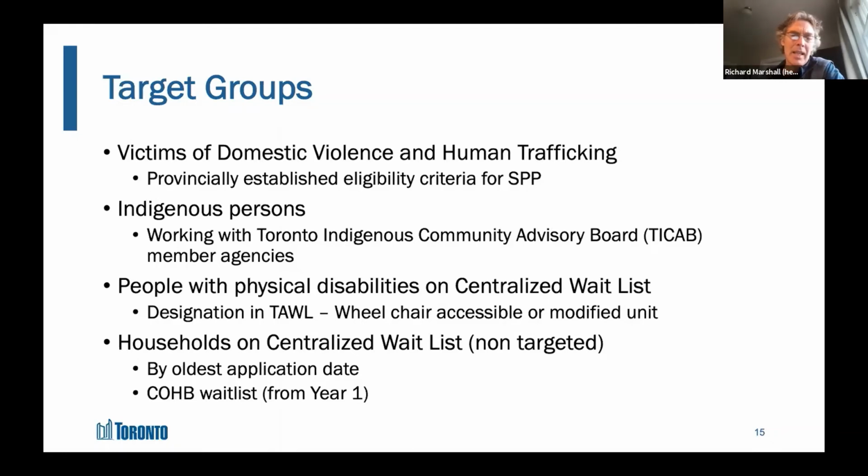In that case, they were prioritized by oldest application date. But in year 1, there was much greater demand than there was supply. And what happened at one point is we began to put people on a wait list for COB. So in year 2, we're actually working through that COB wait list.